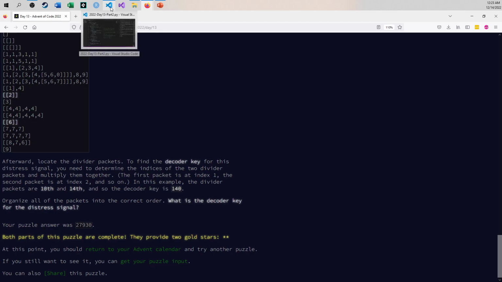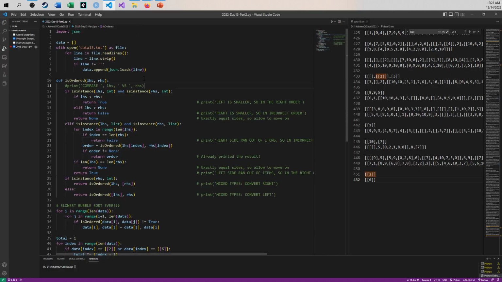So the basics of the code have not changed here. I did modify the way that I import my data. Instead of creating a list where there's a left-hand side and a right-hand side, now they're all independent lines.